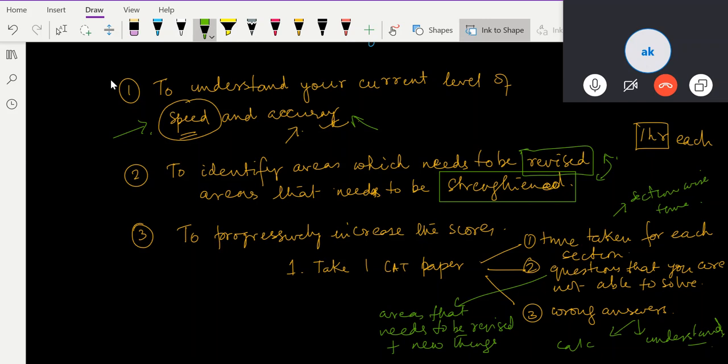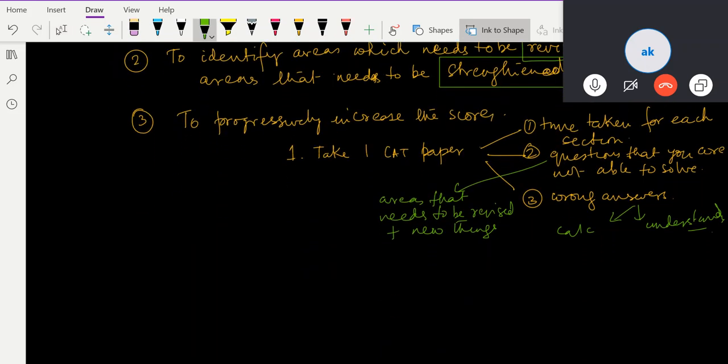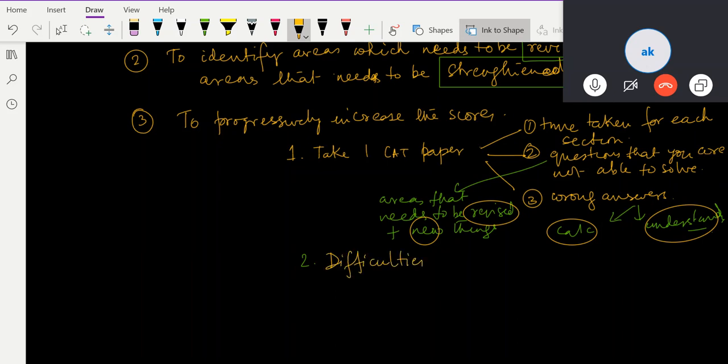Now, after that, what will we do? Step 2 is we are going to focus on the revision part, the new things, and the mistakes. All of this understanding. I would put it together as difficulties and ways to improve them.